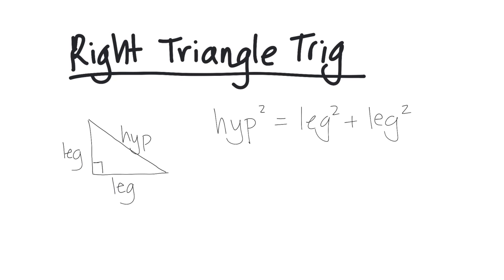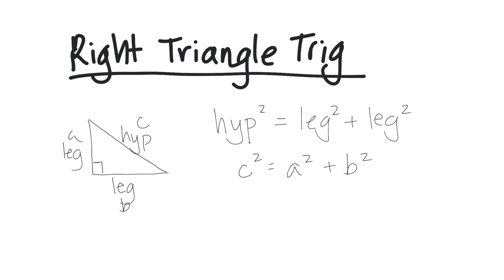The way that we usually denote this is by the legs being A, B, and the hypotenuse being C. So this is probably the traditional way you've seen it, that C squared equals A squared plus B squared. And this is really helpful if we need to find one of the sides of a right triangle.